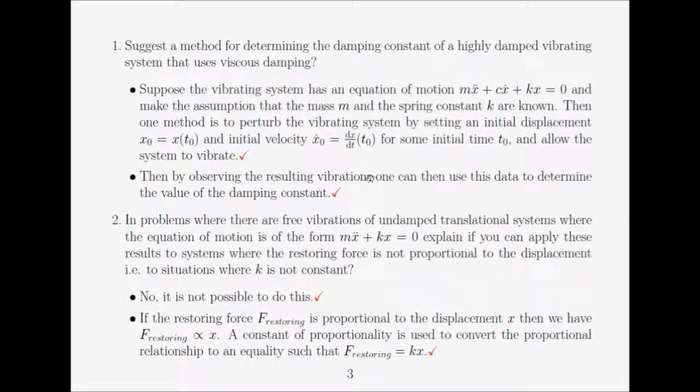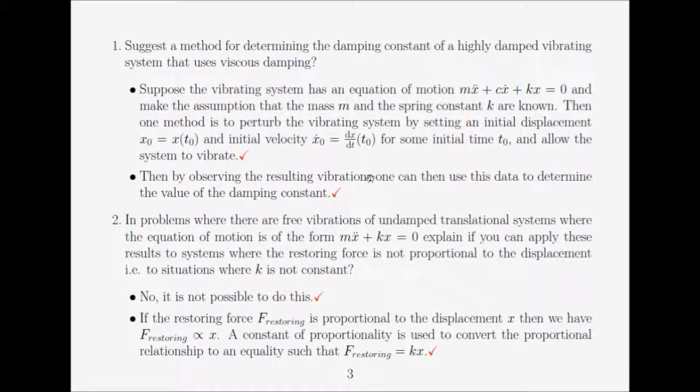We can rearrange that equation as m x double dot equal to minus c x dot minus k x. This equation is the translational motion. So for the translational motion, m is the mass, x double dot is the acceleration, c is the viscous damping coefficient, x dot is the velocity, k is the spring constant, and x is the displacement.